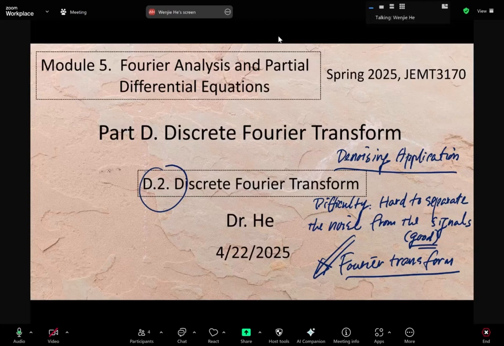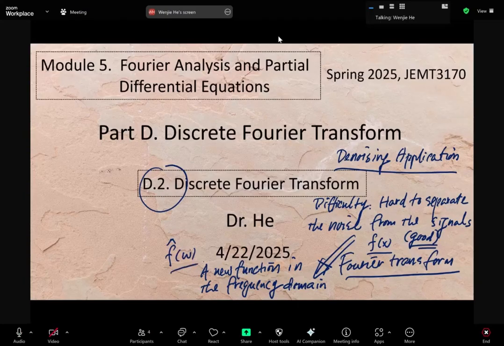We get a transform result. That transform result is another function in the frequency domain. So we get a new function in the frequency domain. If the original function is f of x, the new function we call f hat of w. A new representation.